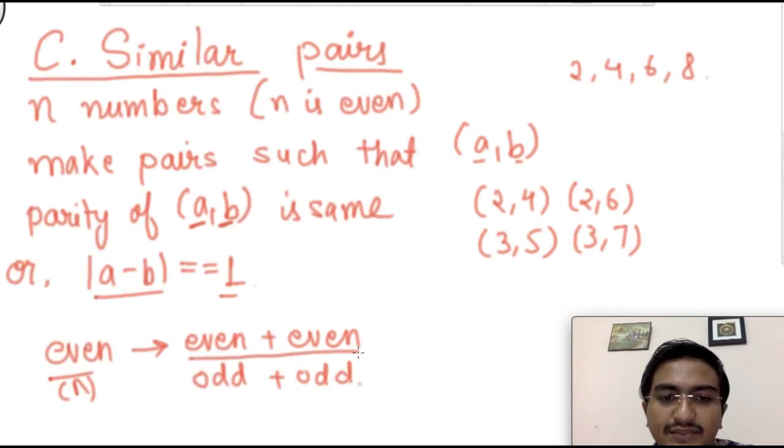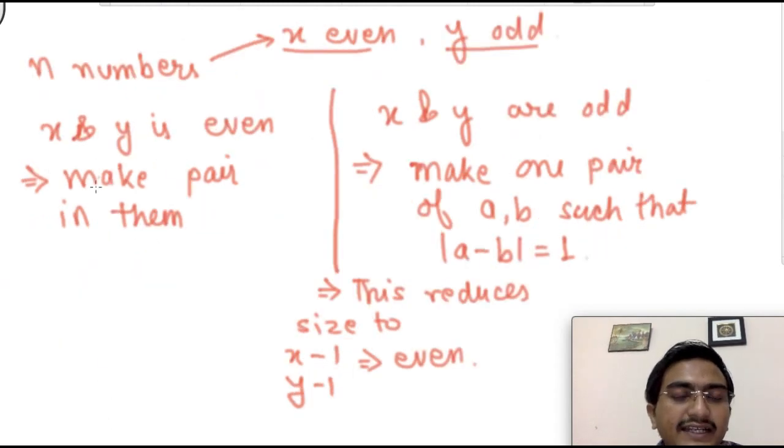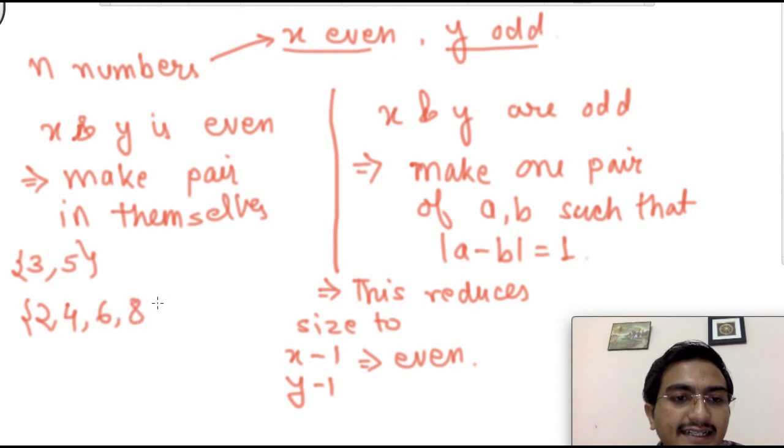So if it is case one, where both are even, then what I can do is make pairs among themselves. I have bifurcated it: odd numbers 1, 3, 5, and even numbers 2, 4, 6, 8, right?